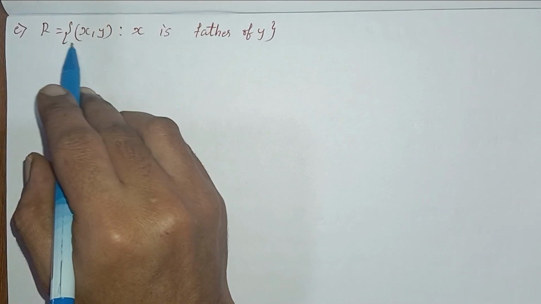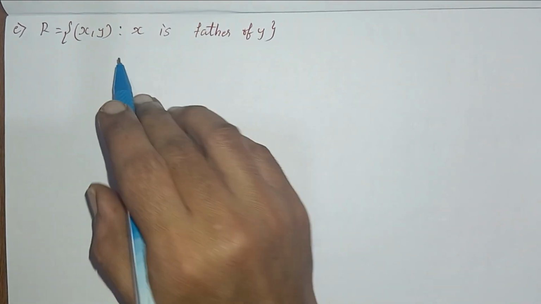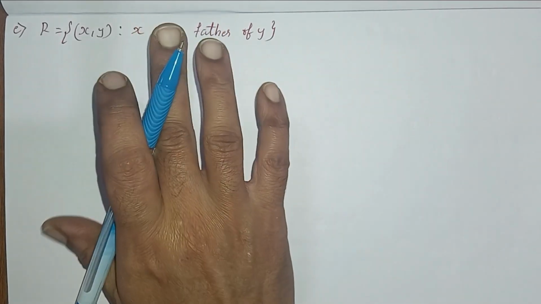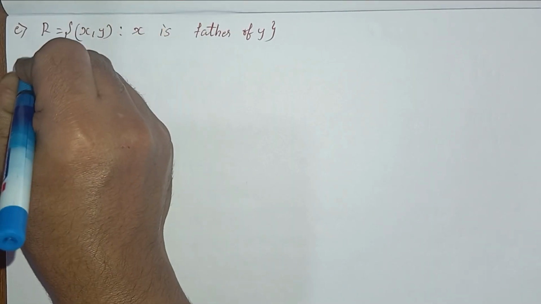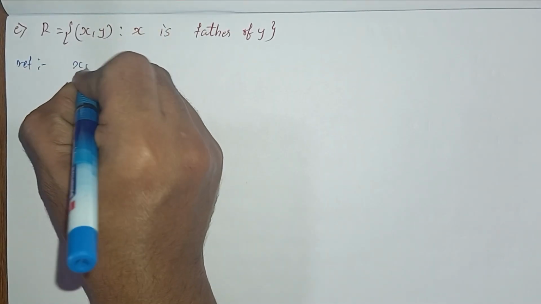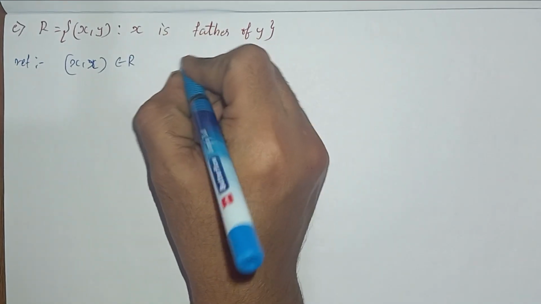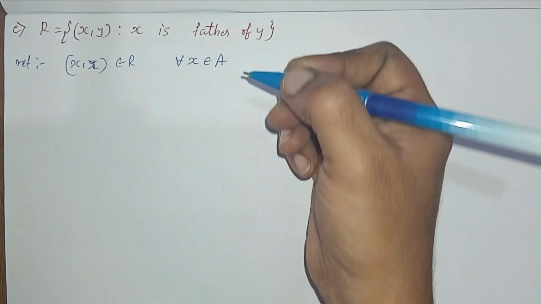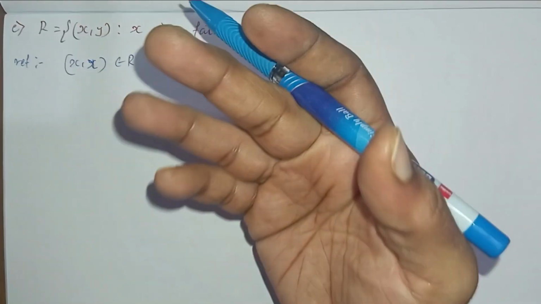Question number E, R is equal to x comma y such that x is a father of y. Here they have given that x is a father of y. We have to check for reflexive, symmetric and transitive. The first is we have to check for the reflexive. In reflexive, x comma x belongs to R for every x belongs to set A. Here can any person be the father of himself?